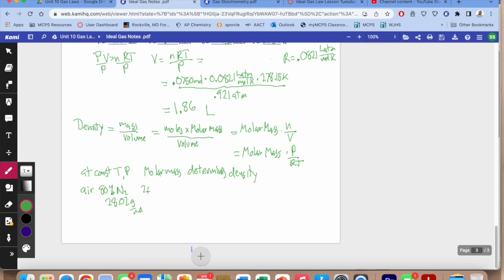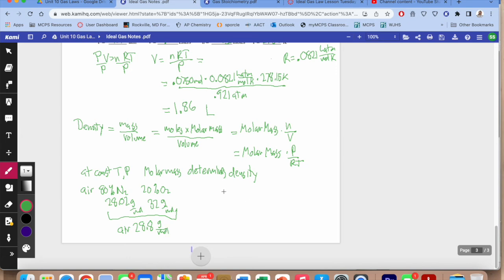And it's about 20% O2, and that's about 32 grams per mole. Well, if I take 80% of this and add 20% of this, I can average it out to being air is about, say, 28.8 grams per mole. That's a nice approximation for air, right?